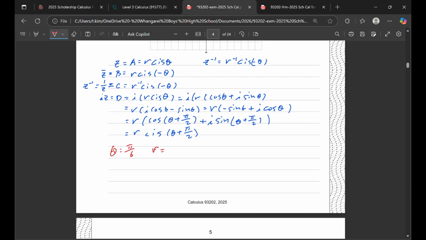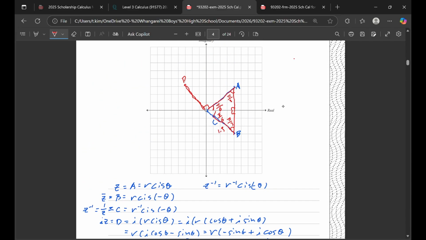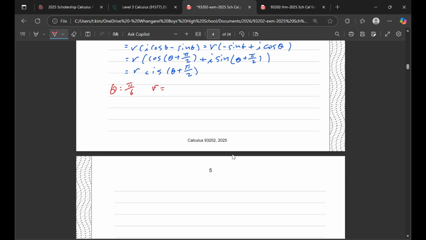Let's say this is O. The length between OB and OC should be 1.5, because BC is 1.5, so I can write this equation: r minus 1 over r equals 1.5.